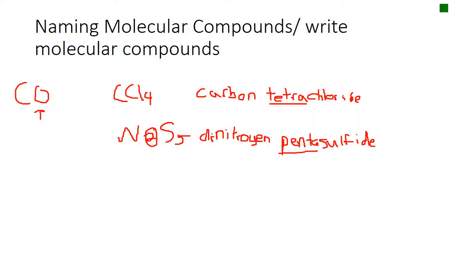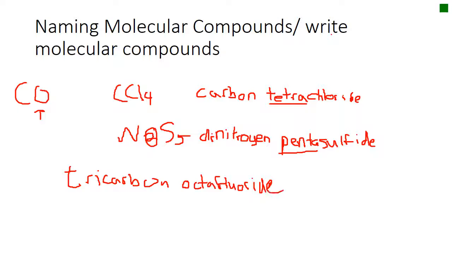Okay, let's see if we can do an example together. Let's say I have this name, tricarbon octafluoride. What I have to do is write out the element symbols in the order that I see them.